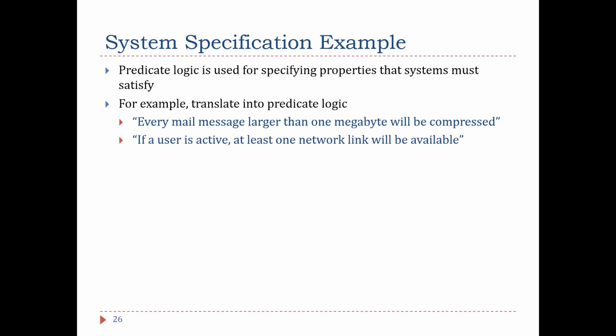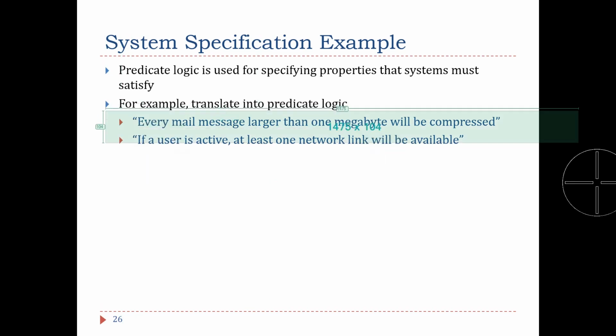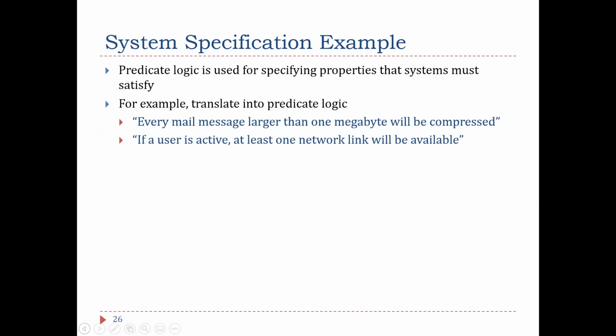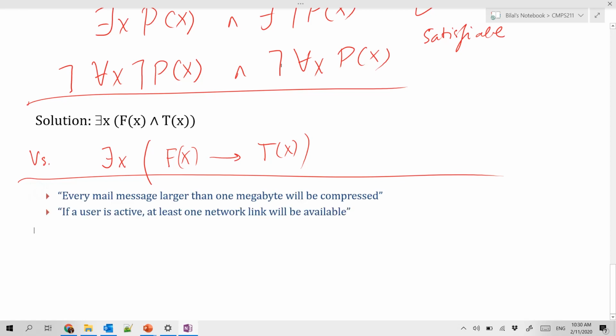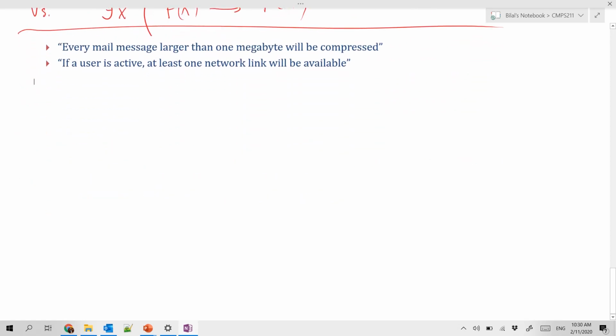So how can you proceed with translating this? We need to define our own predicates and variables, and out of them we can define those complex sentences. So what about a predicate to denote the size of a certain message?